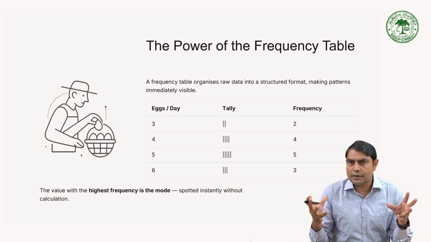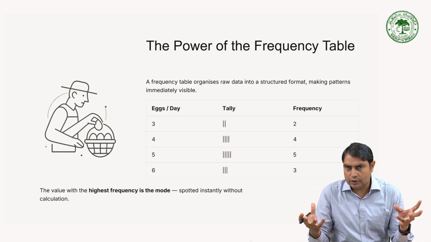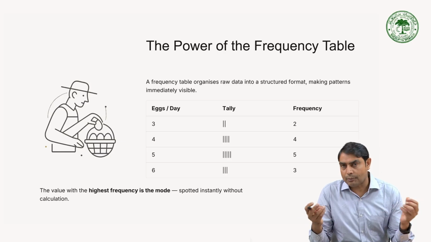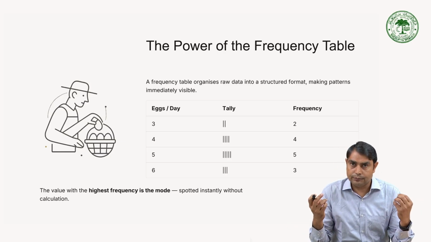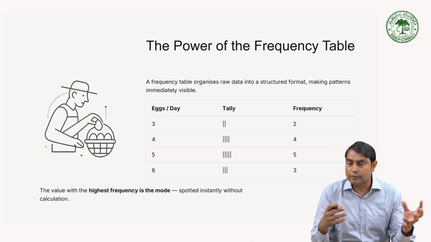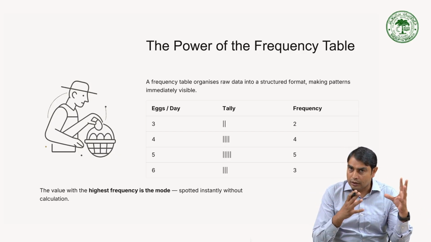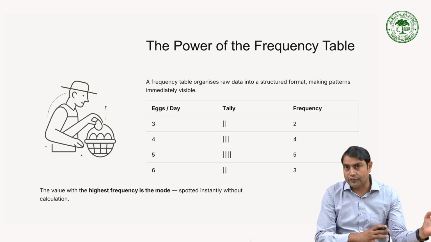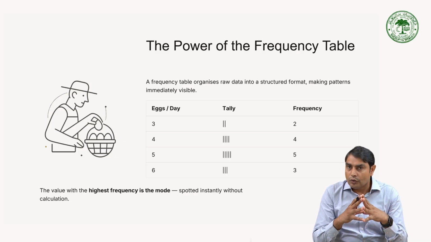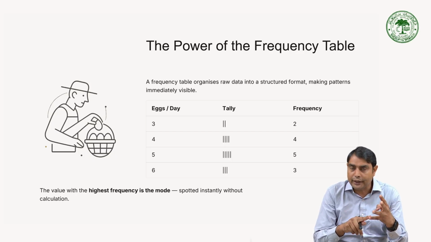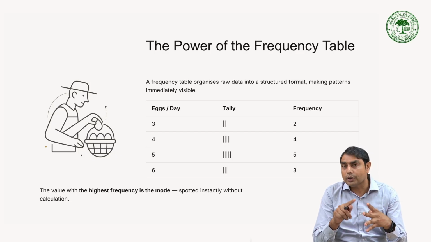We discussed the bar chart, the pie chart, and the ogive curve in our lectures on presentation of data. What I am concerned with here is whether we can calculate mean, median, or mode through the graphs.